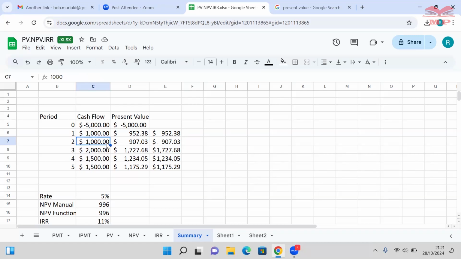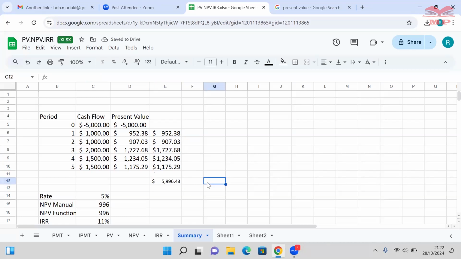So 2 years from now, if I'm getting 1,000, what is that 1,000 worth today? If 3 years from now I'll be getting 2,000, what is that worth today? That is what that number means. Okay, so the net present value will be a sum of these numbers. If I'm working out NPV, I could do this sum, highlight all of this, and I get an answer.